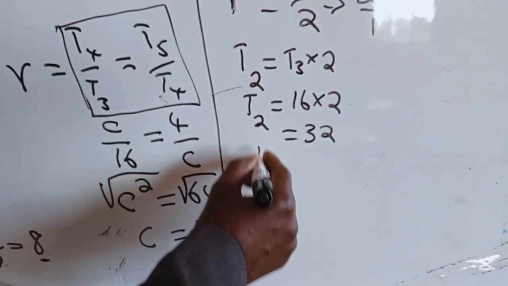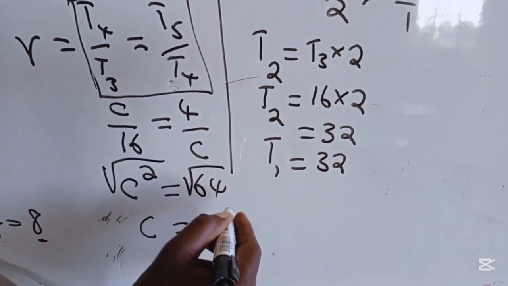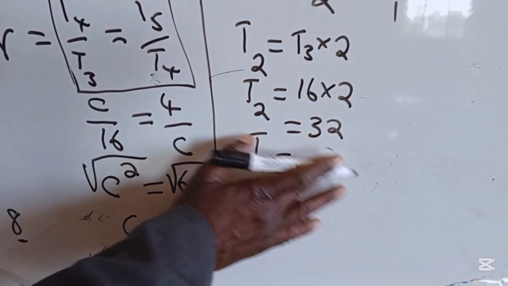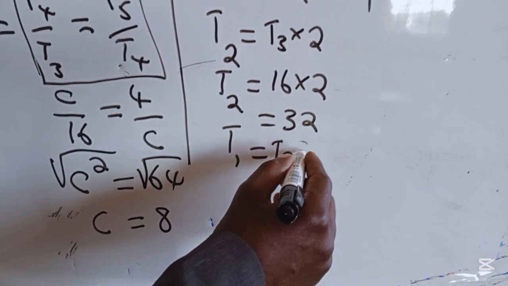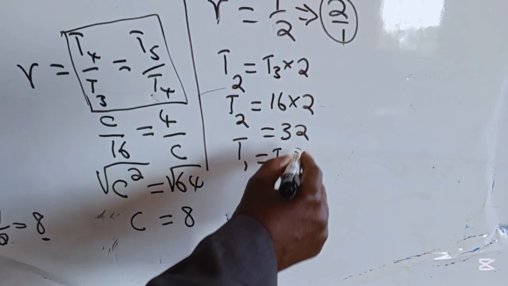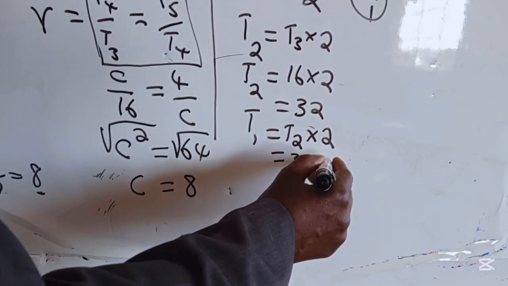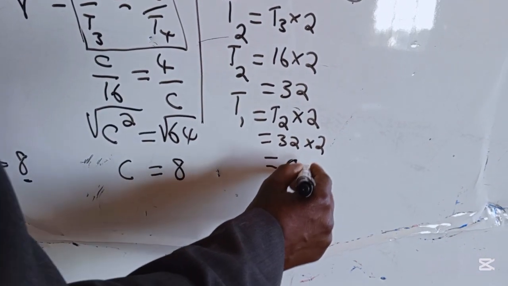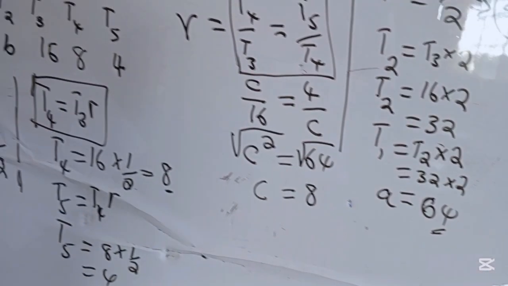How do I get the first term? It is the second term, 32, times the reciprocal of the common ratio which I found, which is 2. You agree with me that this is 32 times 2. So my first term is 64. So this is my first term and my A is 64.